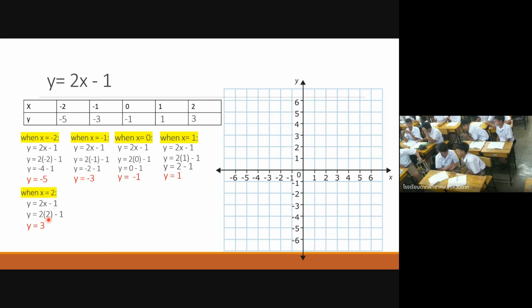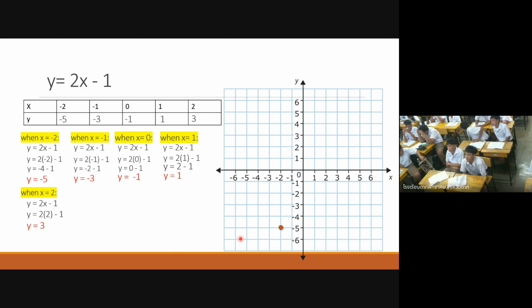Now once you have it, create a table of coordinate plane. What are the ordered pairs, everyone? Negative 2, comma, negative 5.